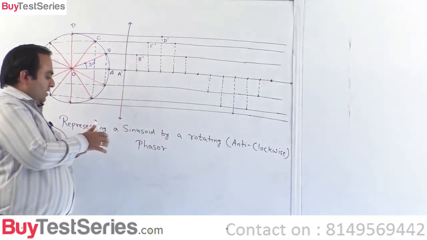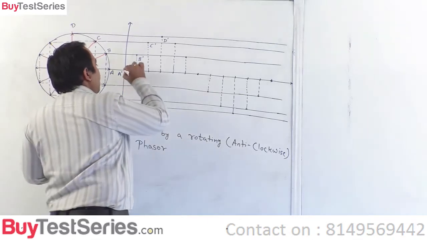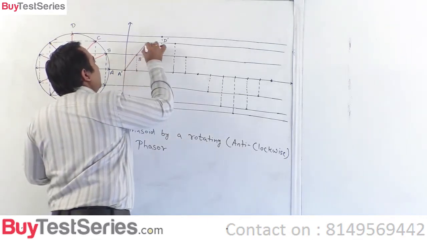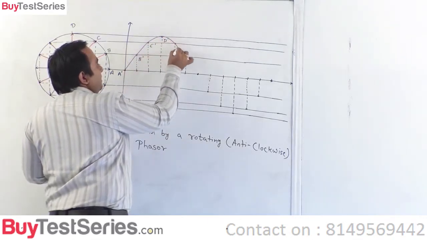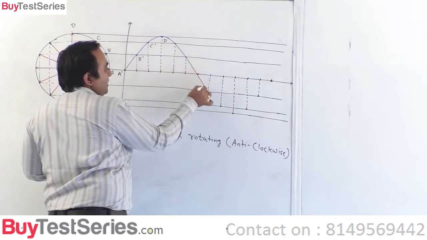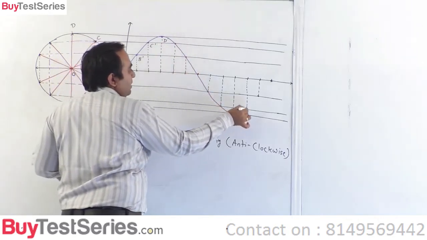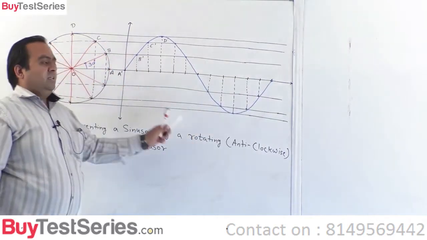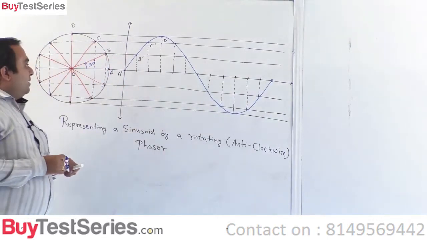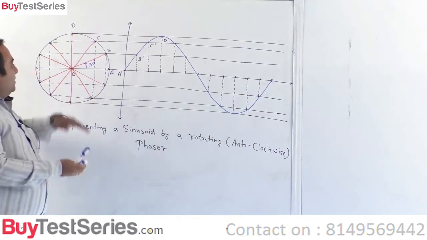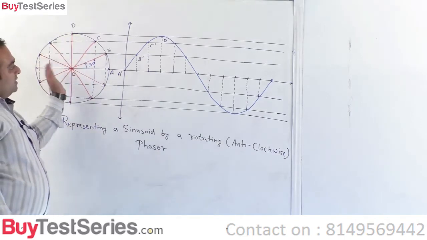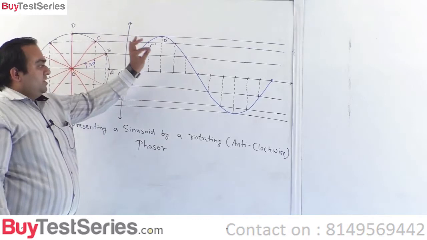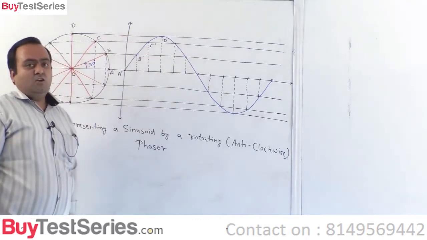So you can join these points by a smooth curve, and you can then say that it is a perfect sinusoid.